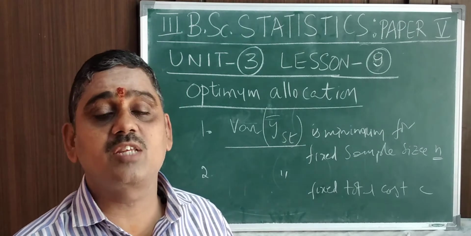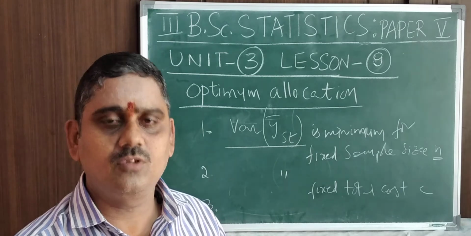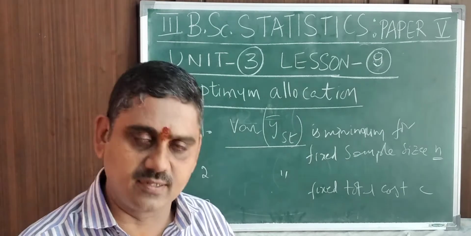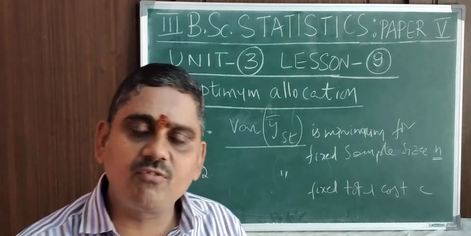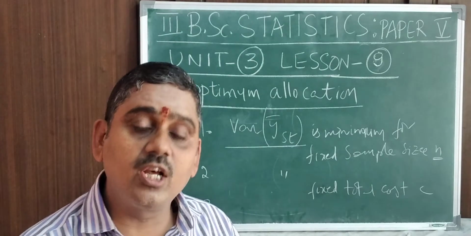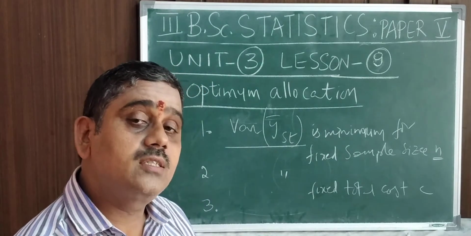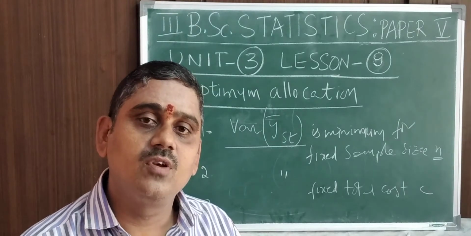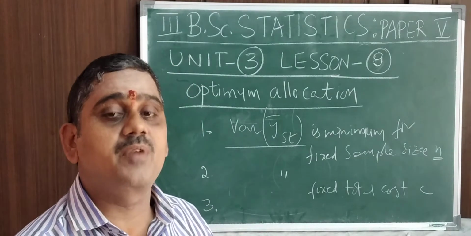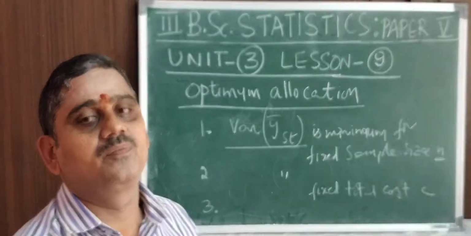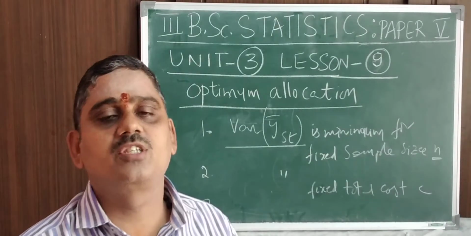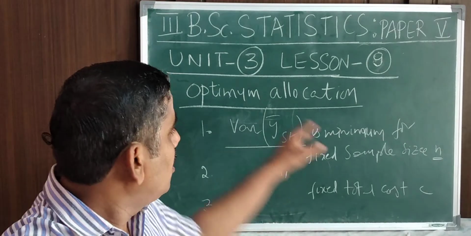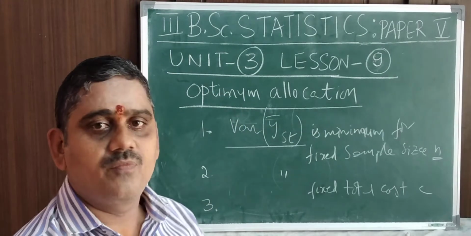If variance increases, precision decreases. That is the reason why it is the reciprocal of the variance. So the third point is minimizing the total cost C for fixed desired precision. These are the three rules for optimum allocation.